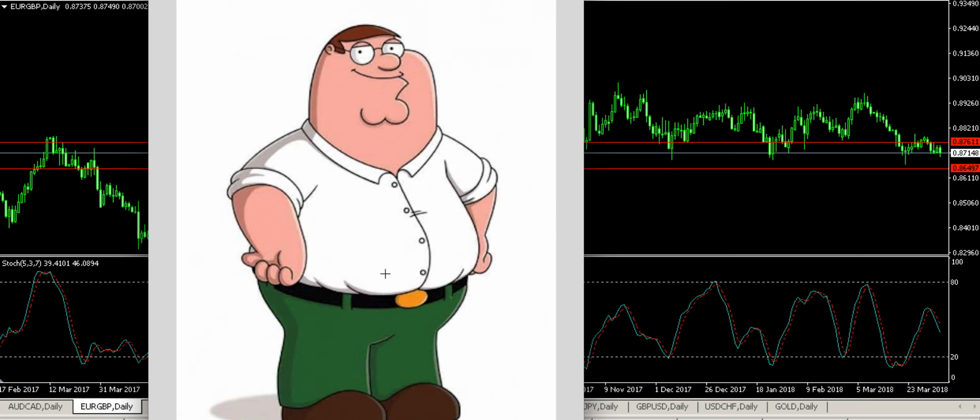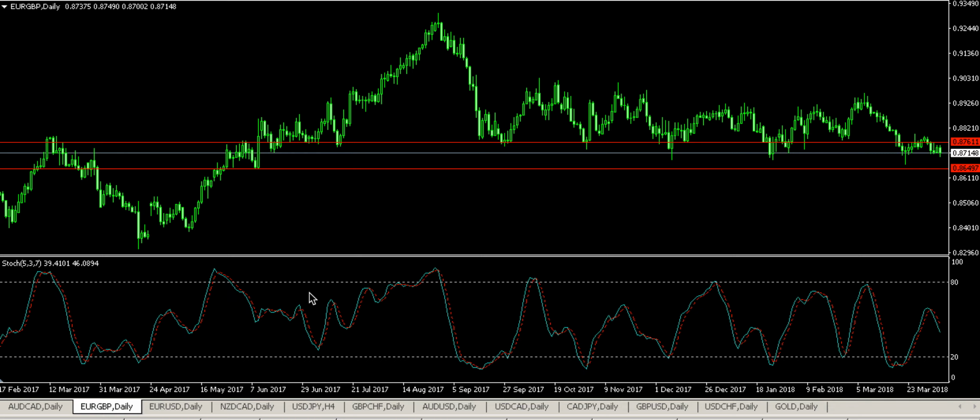And eventually, you reach a solid part of Peter Griffin that you can't push in any further. You've got that firm back. That's one of the best ways that I've found to understand support and resistance. So here it's like pushing into the belly, you get a little bit of resistance, and then bang, you get a push back there. And then this is kind of like the back of Peter Griffin, and this becomes a zone. When you start thinking of support and resistance in that way, it becomes a lot easier.